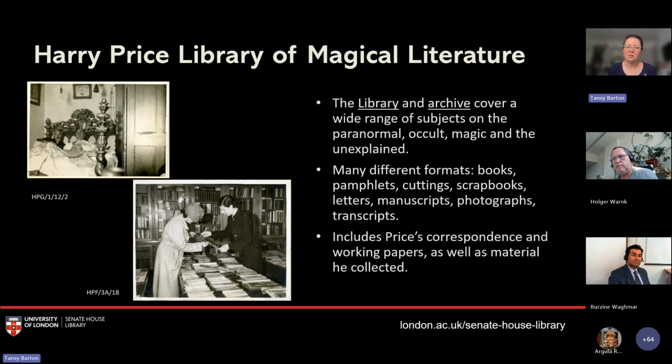The collection includes, as well as the library, Price's correspondence and his working papers, and that includes what I'll come on to at the end, an example of his investigations in the 1930s into phenomena like firewalking and the Indian rope trick.